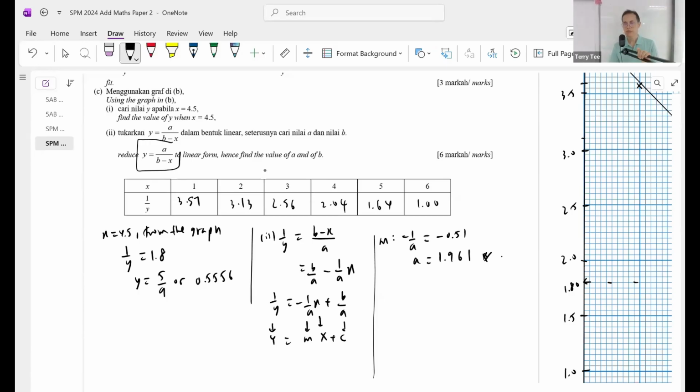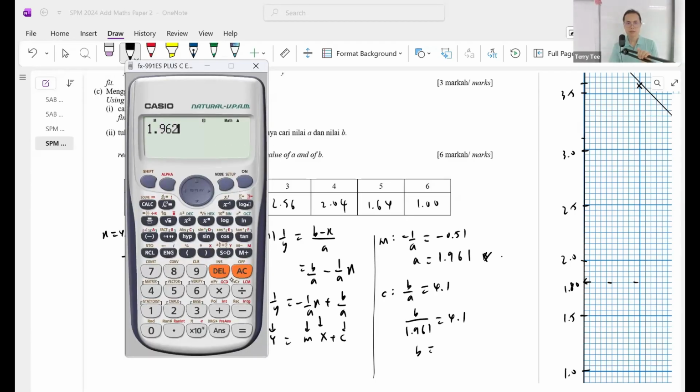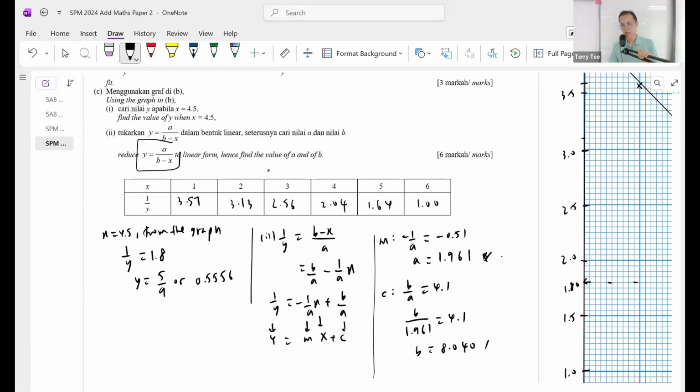Okay, my y-intercept from my graph is 4.1. So my y-intercept b over a is 4.1. My a is 1.961. This is 4.1. What's your b? Multiply over. Take this answer, 1.961 times 4.1. My b is 8.040. Again, you may get a slightly different answer.